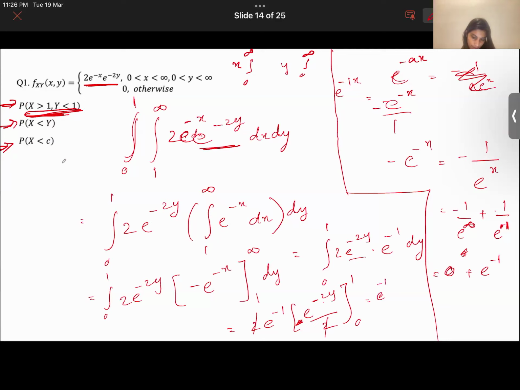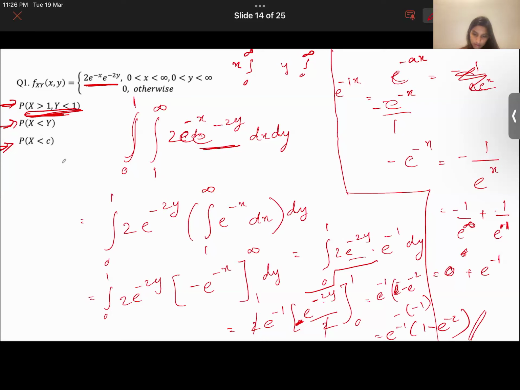You'll have e power minus 1 into minus e power minus 2 minus e power 0, which is 1, so minus 1 becomes plus 1. So e power minus 1 times 1 minus e power minus 2. This is your final answer for the first expression.